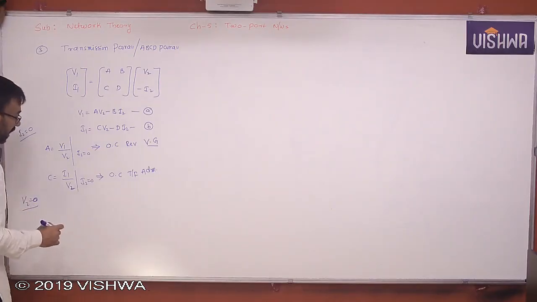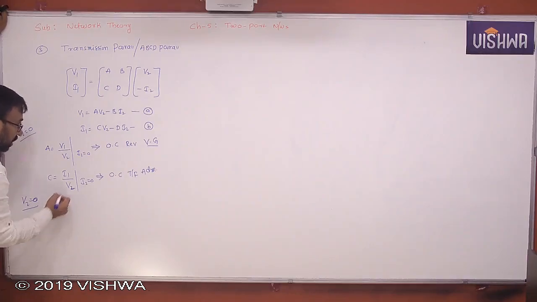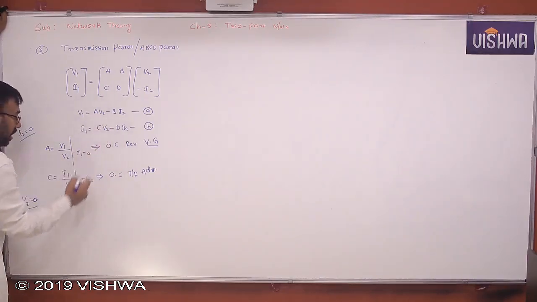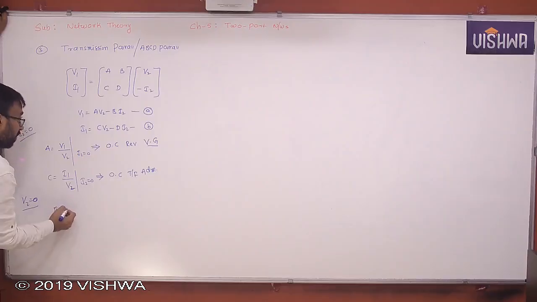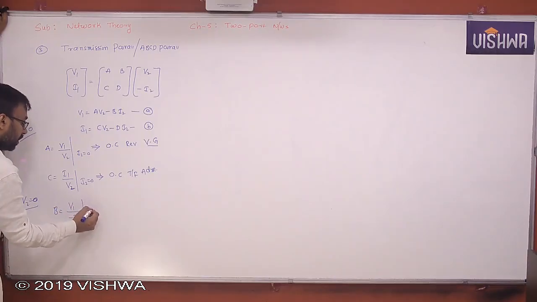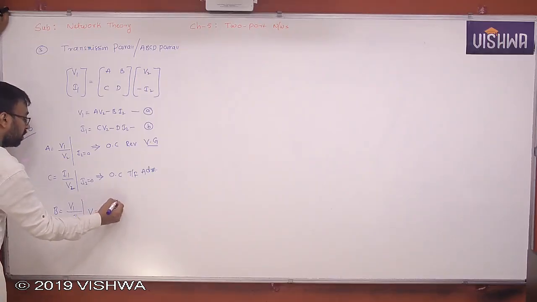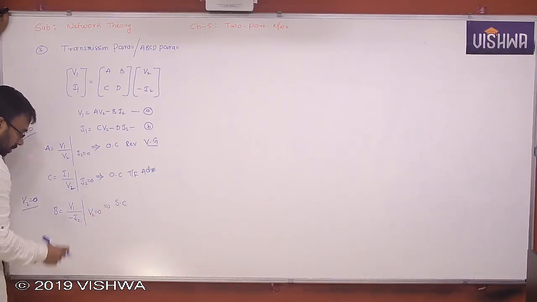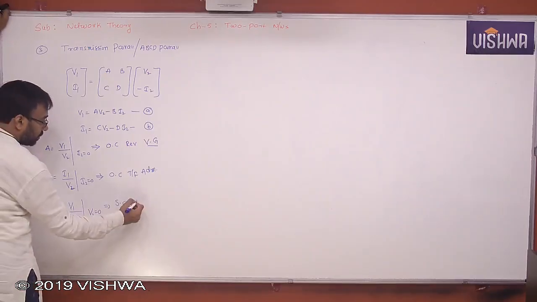Now let us take V2 0. So what do you get? Tell me. V2 0. So C already we have calculated, A we calculated, B and D now. So what is B that can be defined here? V1 by minus I2 when V2 is 0. That means it is short circuit. Transfer impedance.